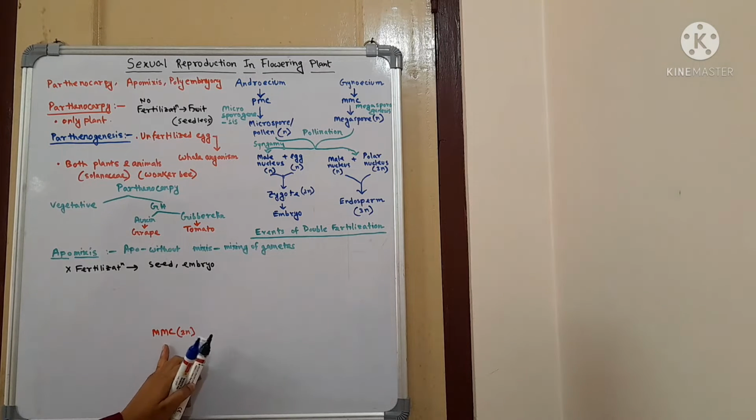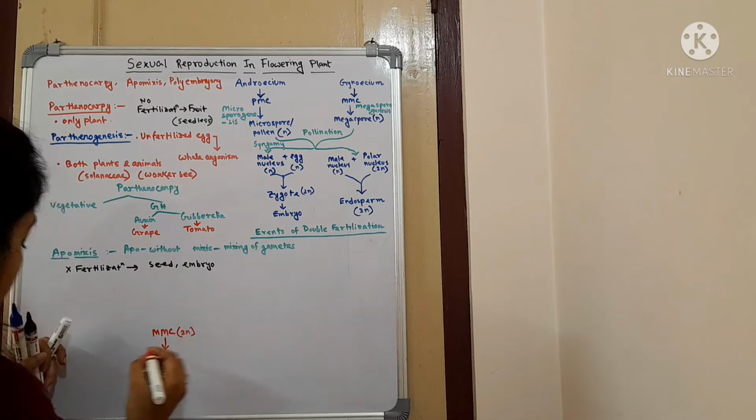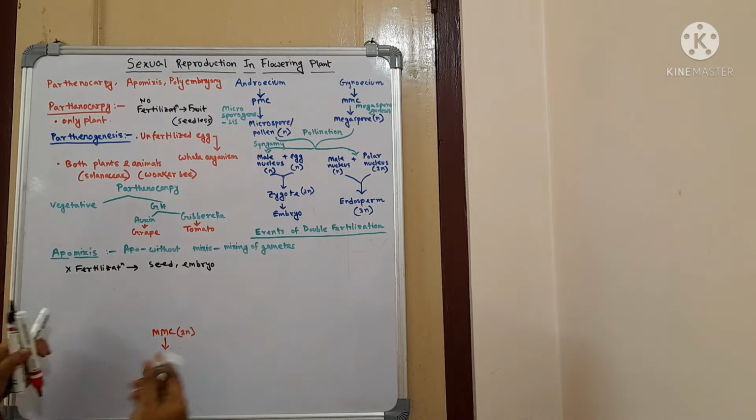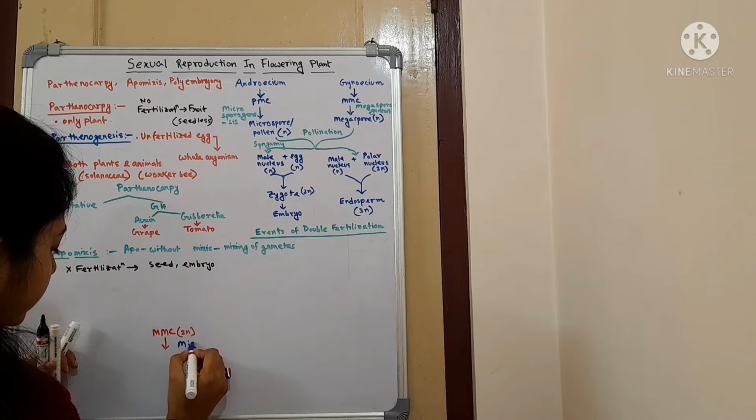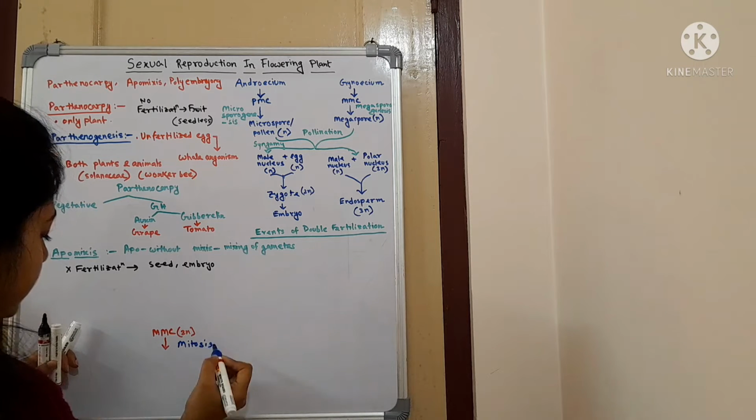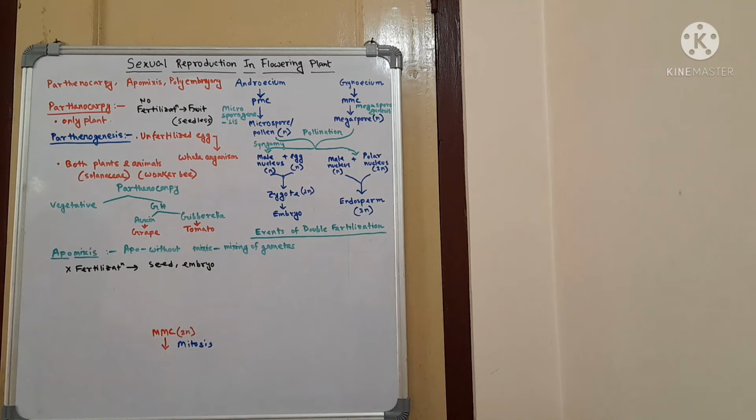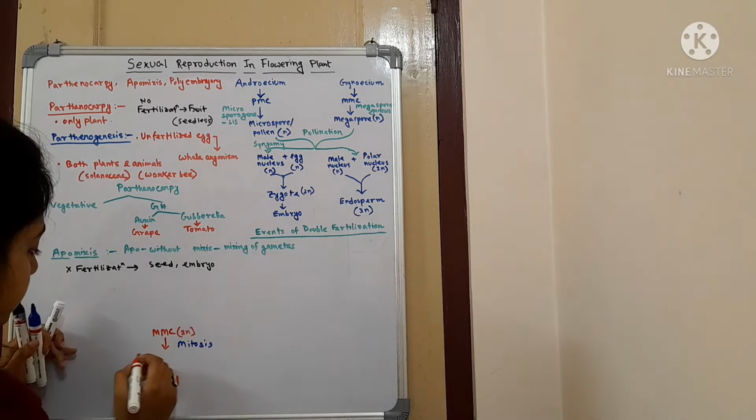But in this case, it will not undergo any kind of meiosis cell division. As there will be absence of meiosis cell division, they will do mitosis cell division. We know the other term for mitosis cell division is equational division. So what will be the resulting cell?